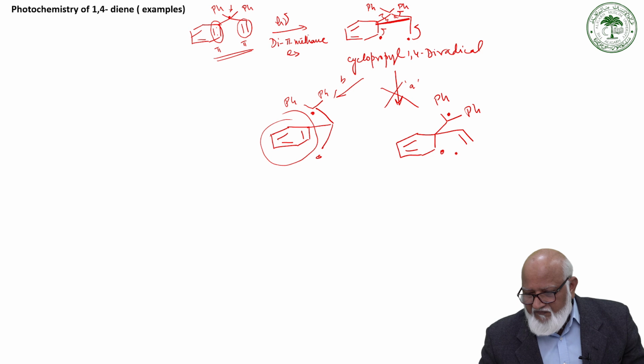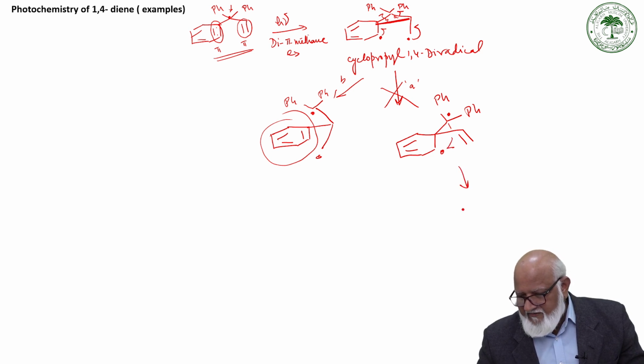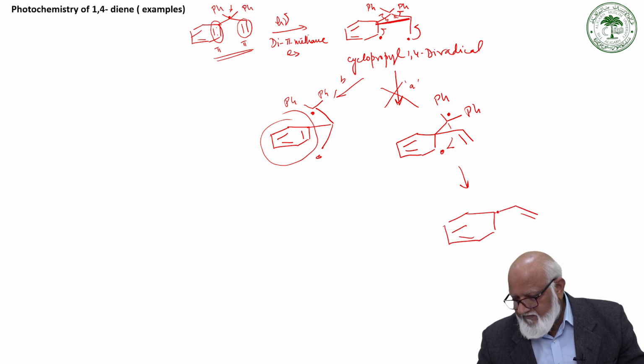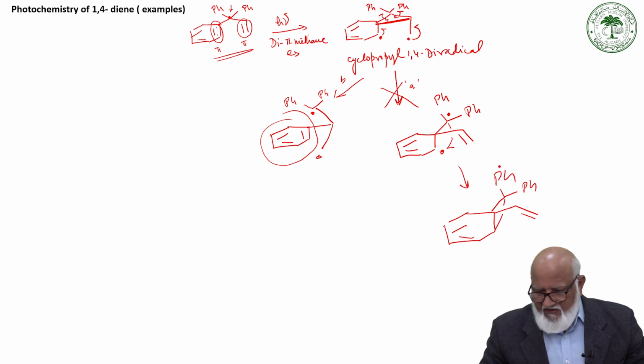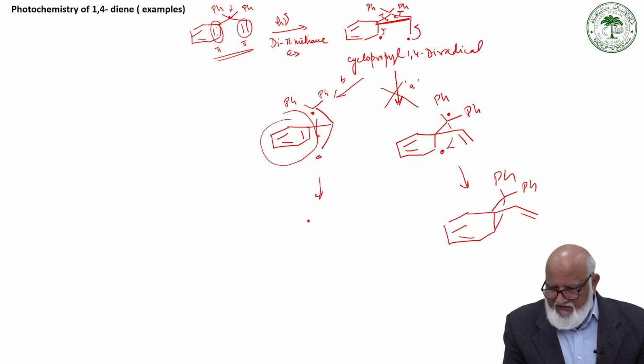The formation of this will not, although of course it is going to give another product. So if we see, the final product is this one. And if we combine this, we get the final product, which is this one.